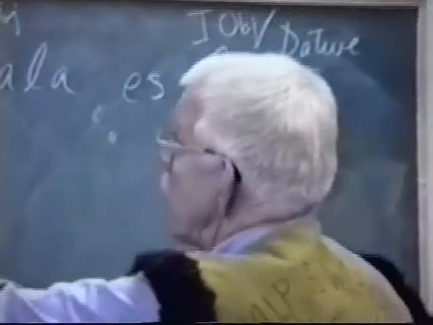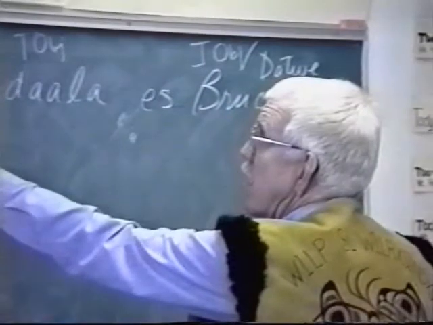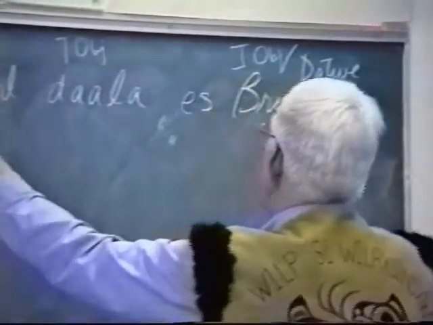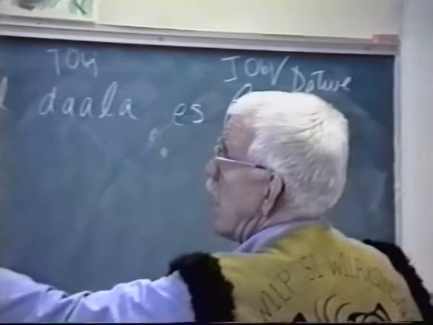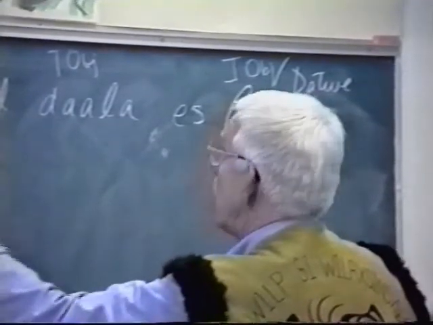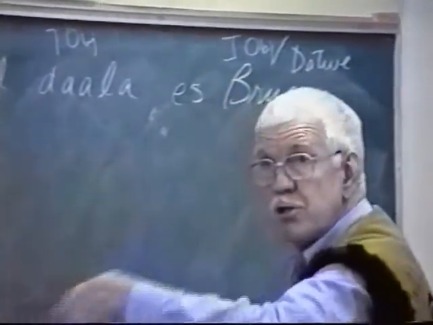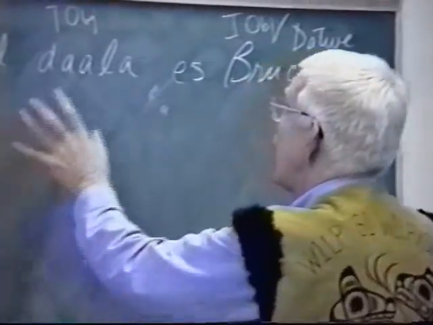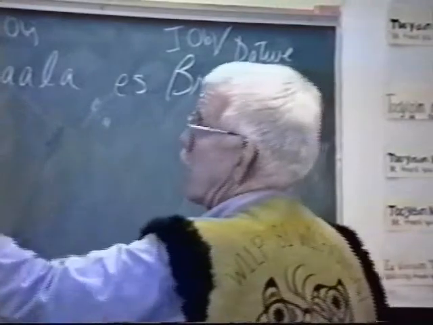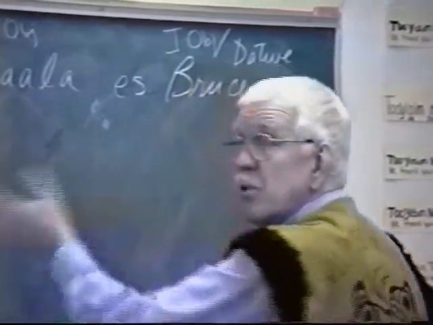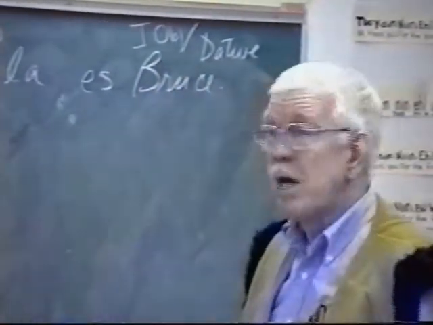We can form various relative clauses. I could say, Tom entgenommen Dala as Bruce. Tom was the one who gave Bruce the money. I could say, Dala genommen Tom as Bruce. It was money that Tom gave to Bruce.